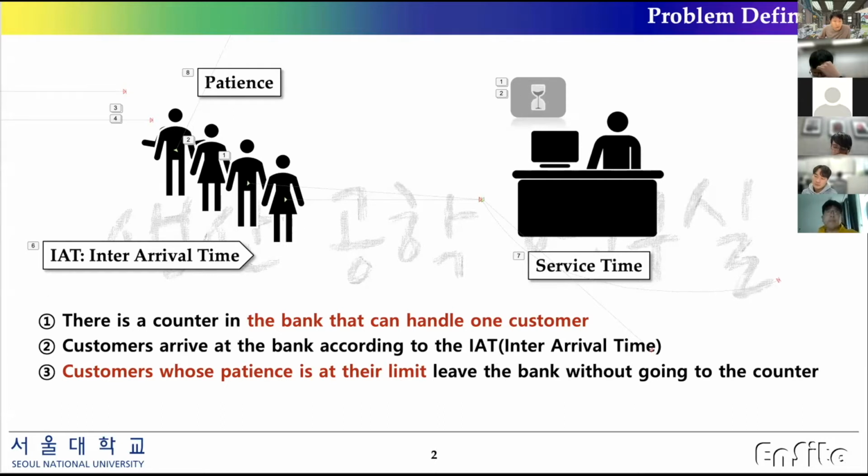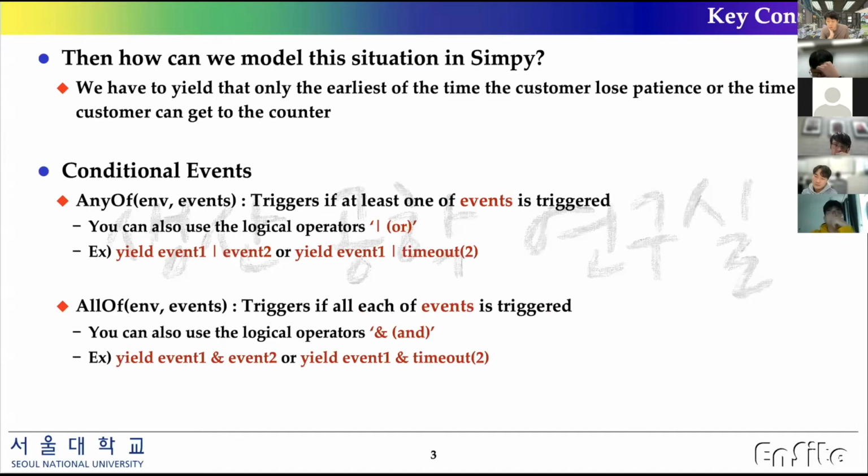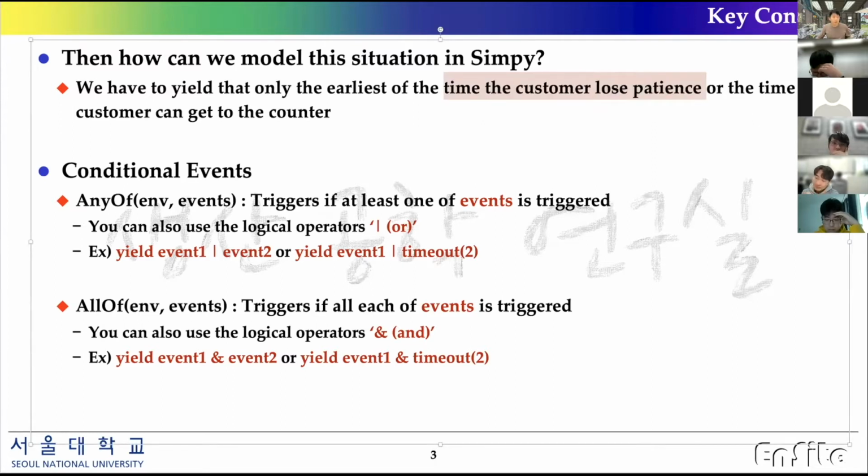So in order to implement this example, we have to know one key concept. It means that we have to yield. Yield means generating an event for only the earliest of the time the customer loses patience or the time the customer can get to the counter.